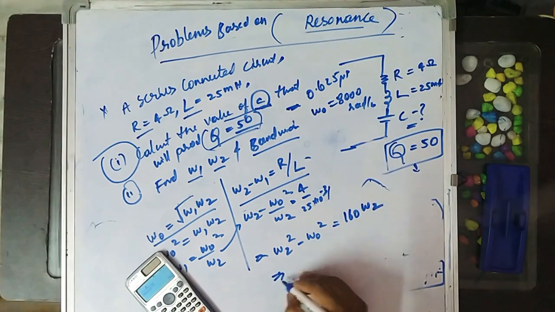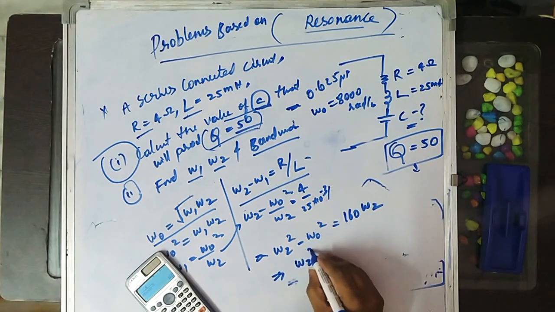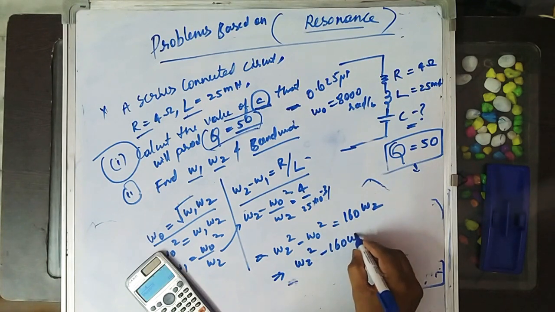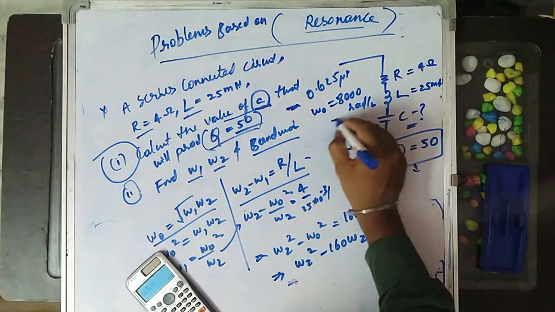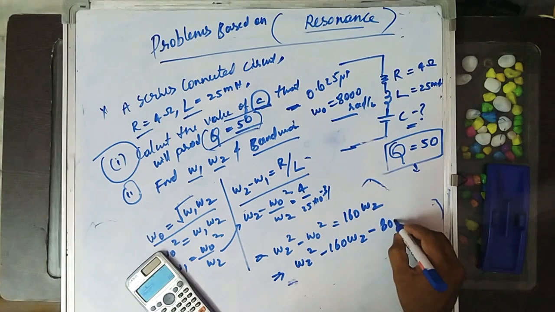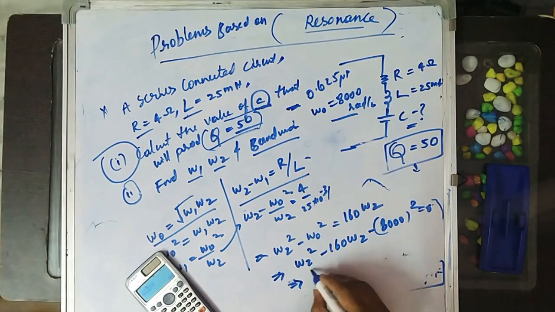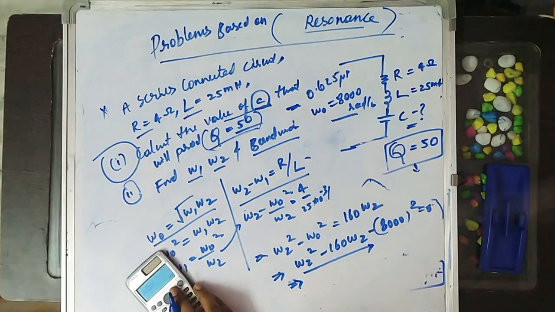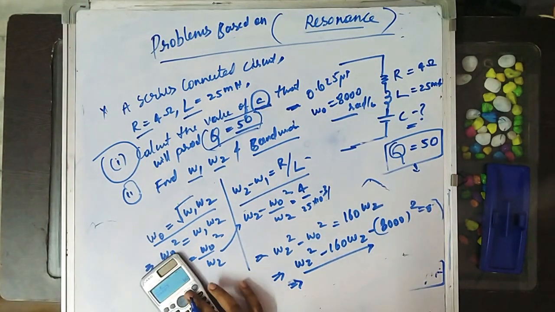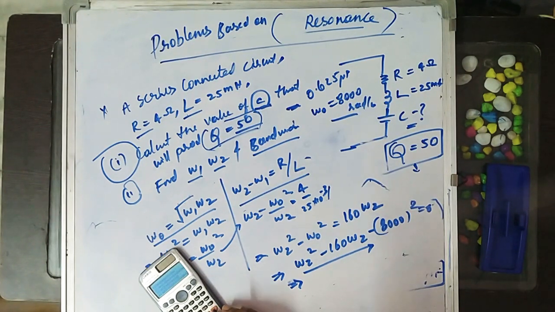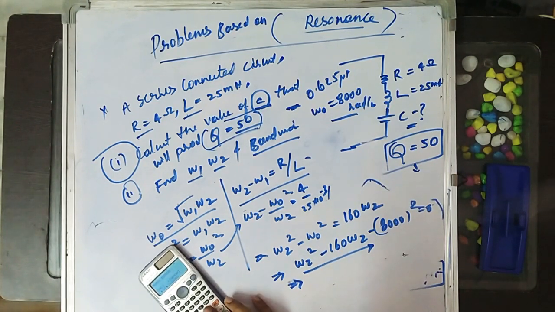So this will be a second order equation. Omega 2 square minus 160 omega 2 minus 8000 whole square equal to 0. Solving this quadratic equation, you will be getting 2 roots.